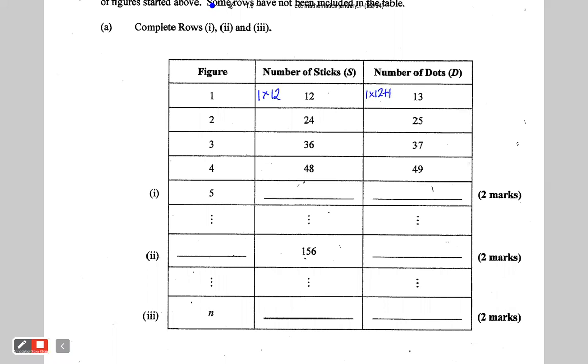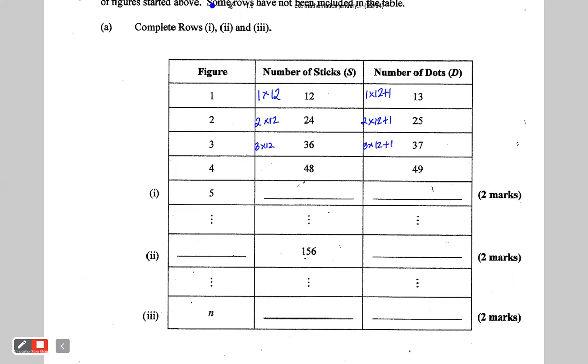The figure number is 2 times 12, and this is 2 times 12 plus 1. So already I'm noticing a pattern. This is 3 times 12, and this is 3 times 12 plus 1.